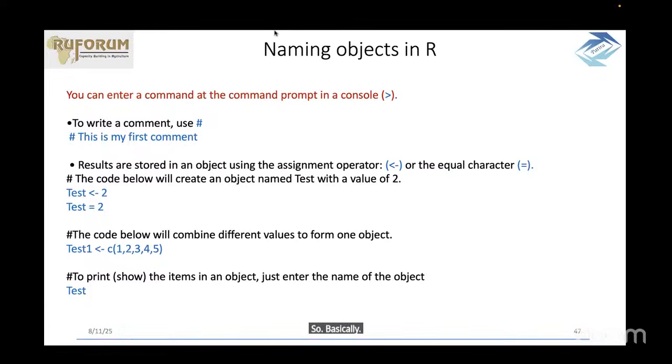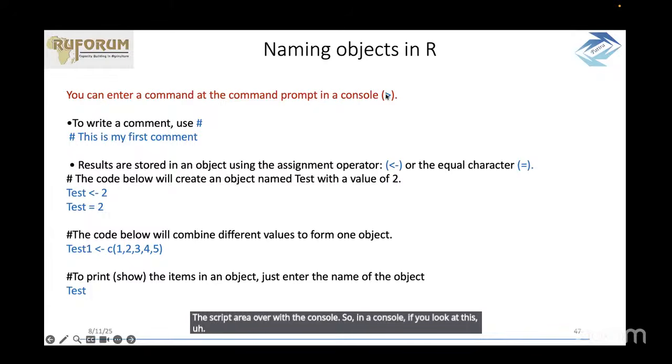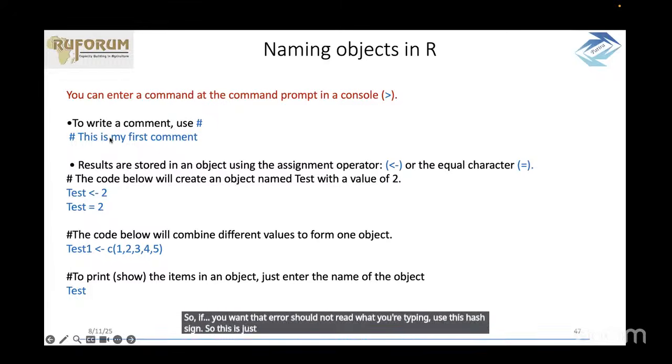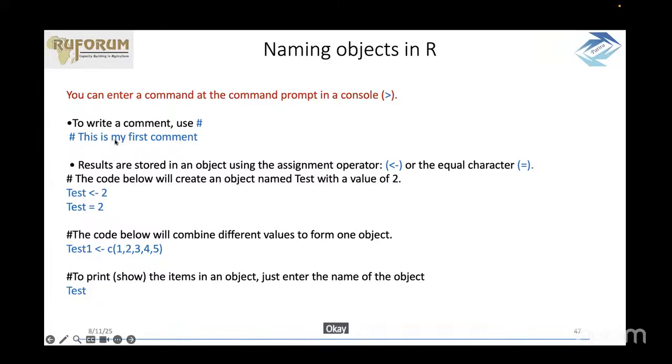You can work in either the script editor or the console. In the console, the greater than sign means that you can type something. If you want R not to read what you're typing, use this hash sign. This is just a comment.